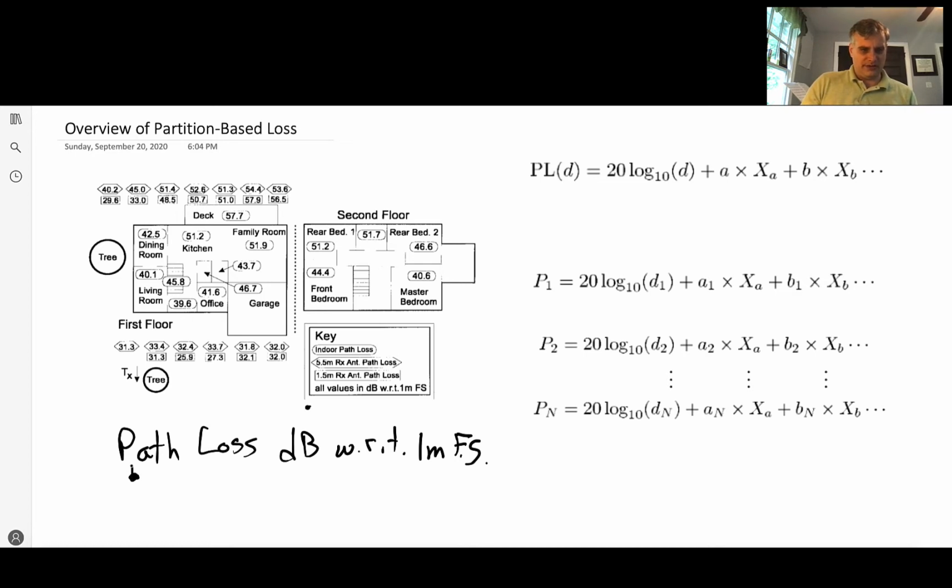Go out to 1 meter free space, and then whatever you see in this number is the excess path loss to that location in dB. So keep in mind that when it says 50, we're really talking 5 orders of magnitude of decrease.